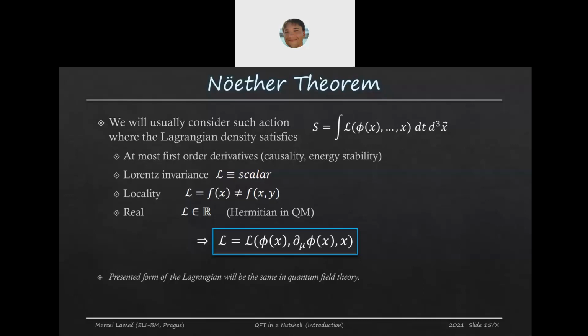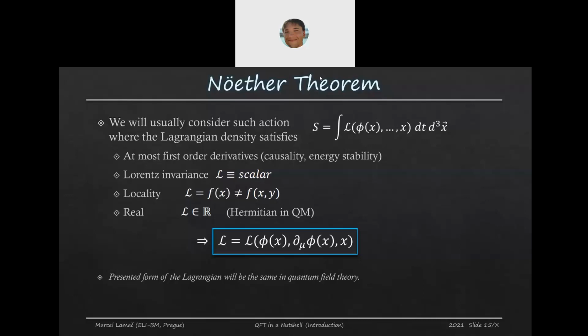And then we demand that our Lagrangian density is real. This can be understood from the fact that our action is real, because obviously if you were integrating in time over some complex quantity, then it wouldn't make much sense. There is even a better reason for why the action should be real, in the context of the path integral formulation of quantum mechanics, where it turns out that the probability amplitude of some process happening is related to the complex exponential of the action.